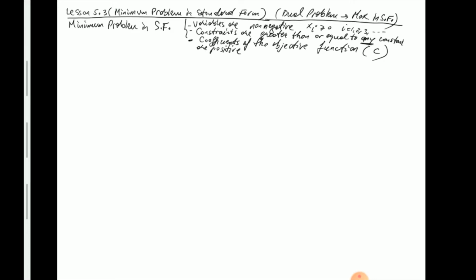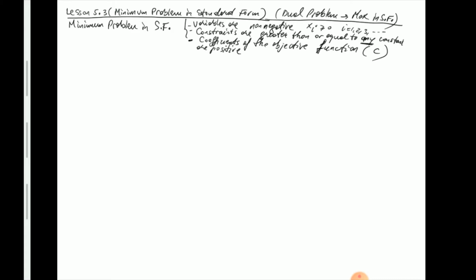P for profit, it's a reasonable quantity to imagine that you need to maximize. That's for the maximum problem. C coming from the cost is a reasonable kind of quantity to minimize, though again in various problems, what you minimize doesn't have to be a cost. For example, you can minimize the number of calories in some combination of meals.